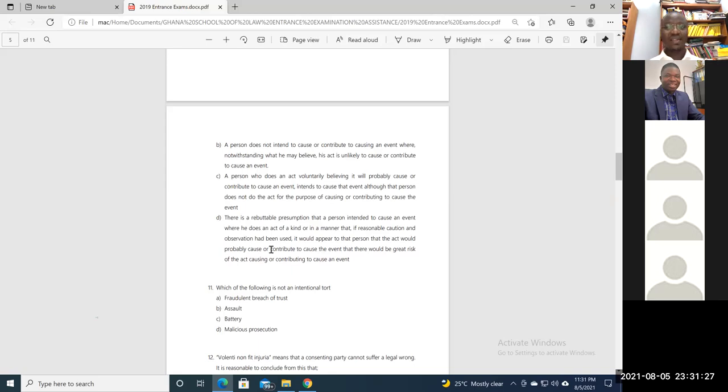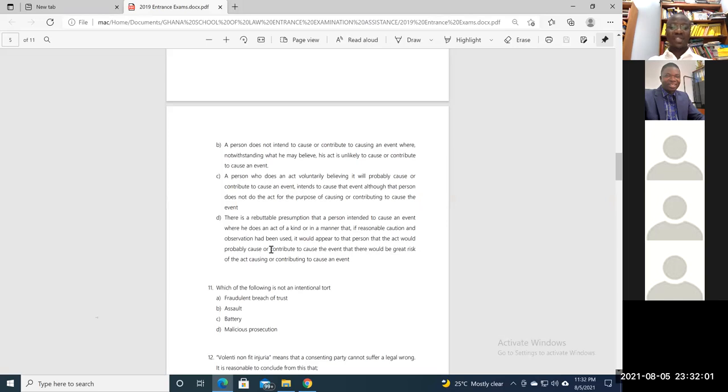So can we say that the person who pointed the toy gun, as option B is suggesting, did not intend to cause or contribute to the collapse or death of the person? And can we say that the toy gun was unlikely to cause or contribute to the collapse or the death of the person? Certainly not.